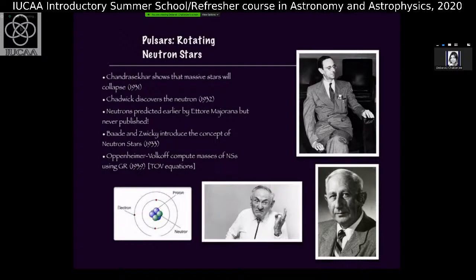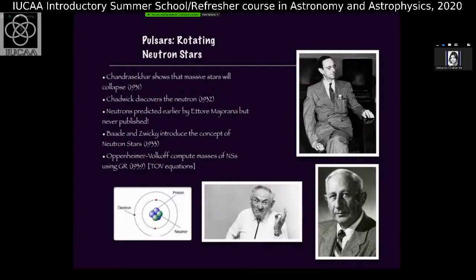Baade and Zwicky introduced the concept of neutron stars, so basically compact stars comprising of neutrons, in 1933. And soon after, Oppenheimer and Volkoff computed the mass, or the structure, of a neutron star using general relativity, and these are called the Tolman-Oppenheimer-Volkoff equations.